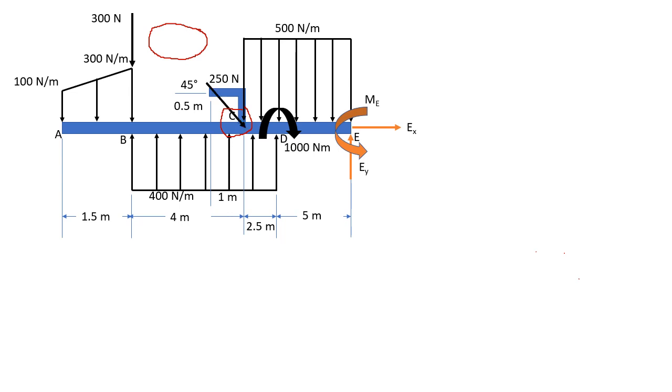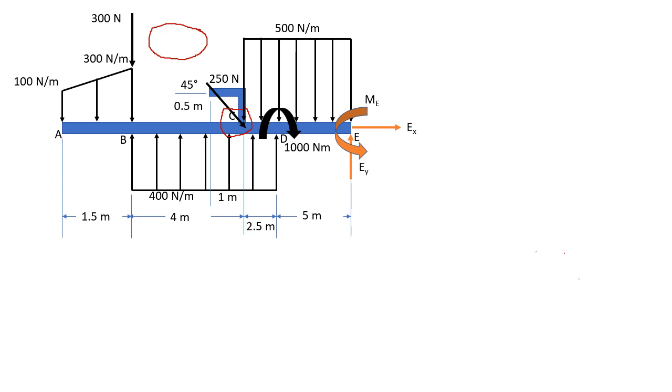We cannot just directly place it on point C because the principle of transmissibility will not be at work here, since point C is not along the line of action of the force.